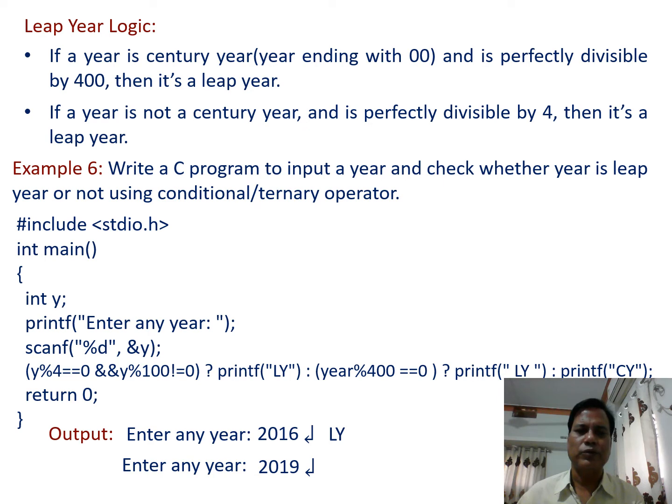True and false, when ANDed, we get false. So the false part of the conditional operator, that is after the colon, is executed, and year divisible by 400 equal to 0 is naturally going to be false. So the false part is executed, that is, print common year. So at the output, common year is displayed.